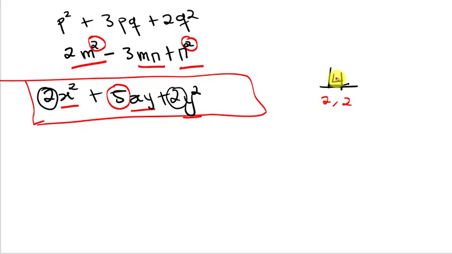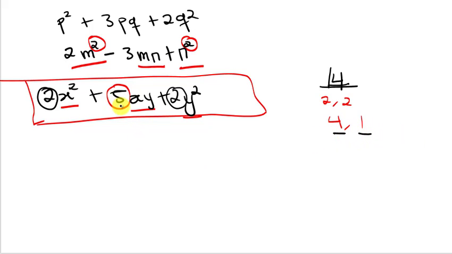Now 2 times 2 will give us 4, but when you add 2 plus 2, you are not going to get 5. So we can't use these two numbers, 2 and 2. We consider another set of numbers. So let's say 4 and 1, because 4 times 1 will give us 4, but 4 plus 1 indeed is going to give us 5.